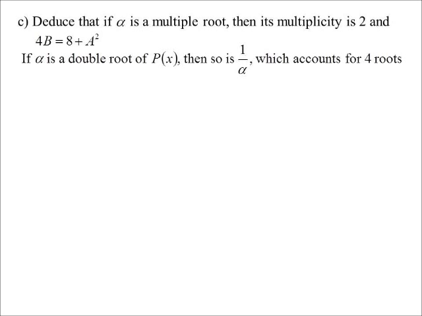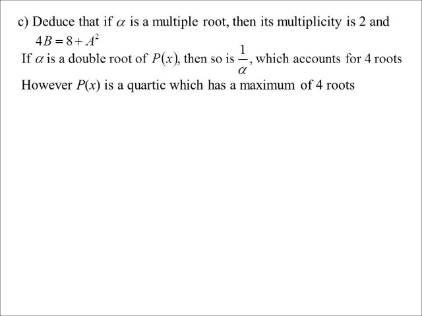Here's my logic. If alpha is a double root, then so is 1 on alpha. Because we just proved that whenever alpha is a root, so is 1 on alpha. So if alpha appears twice in my solutions, so does 1 on alpha. So that gives me 4 solutions. But the polynomial was a quartic.